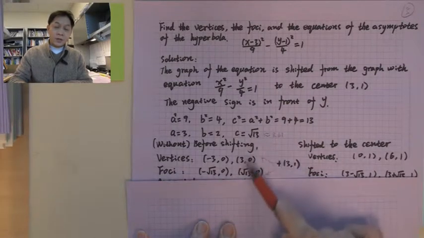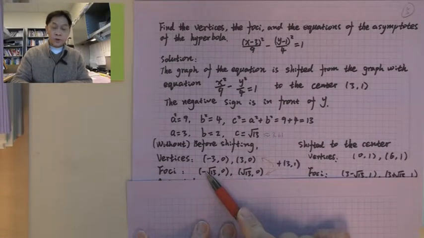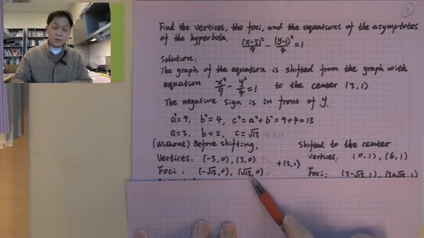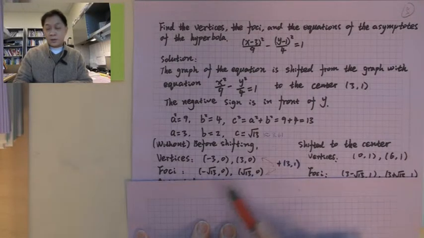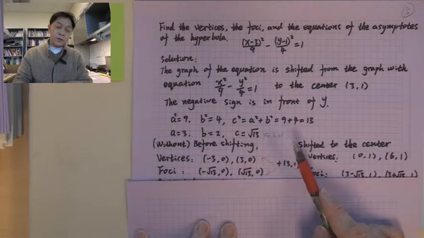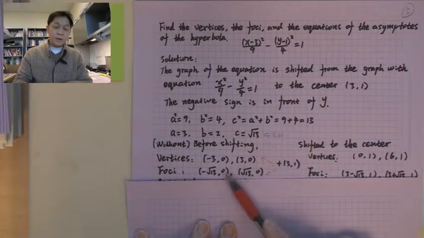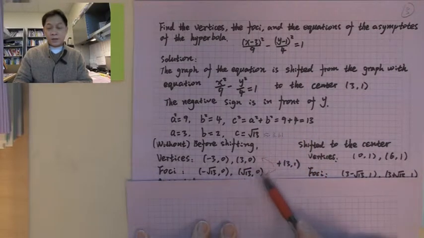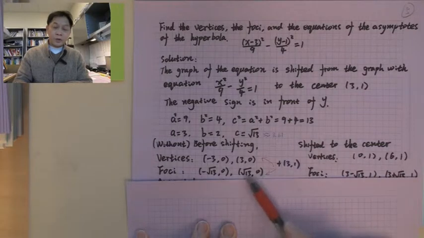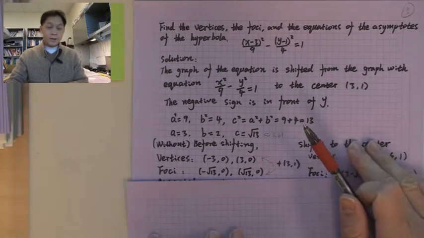Negative radical 13 is the left focal point, positive radical 13 on the right, and again foci on the x-axis, so you have 0 for the y coordinate.